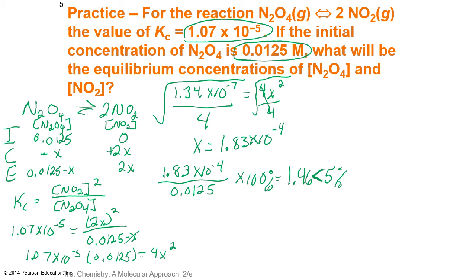Now we want to plug that back in and find the values of N2O4 and our nitrogen dioxide. So take our original concentration minus the x value.